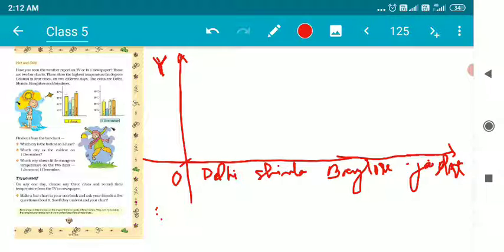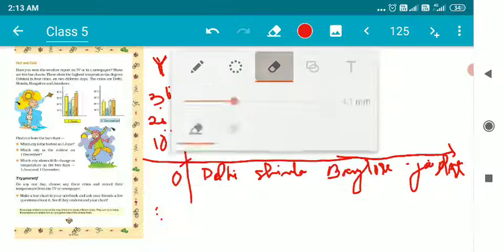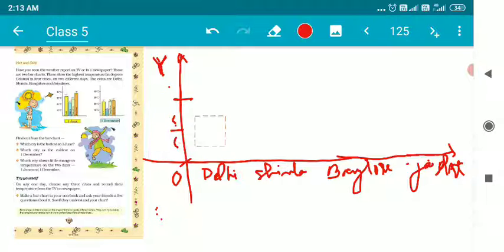Here the temperature is being represented on this vertical line as 10 degrees Celsius, then 20 degrees Celsius, then 30 degrees Celsius. If I write in a proper way, actually it's not visible clearly.